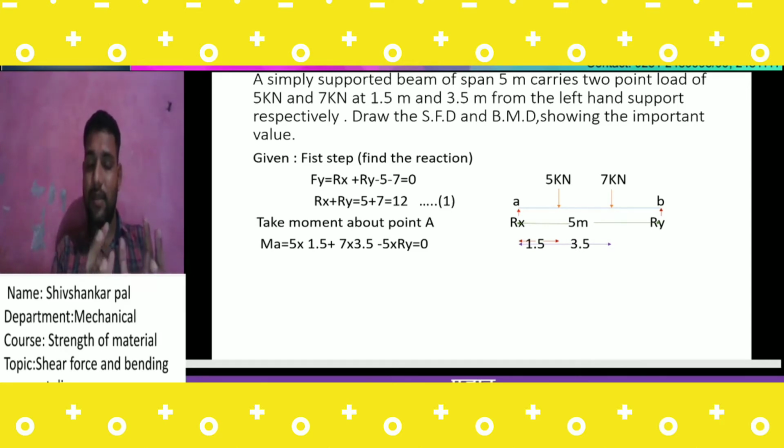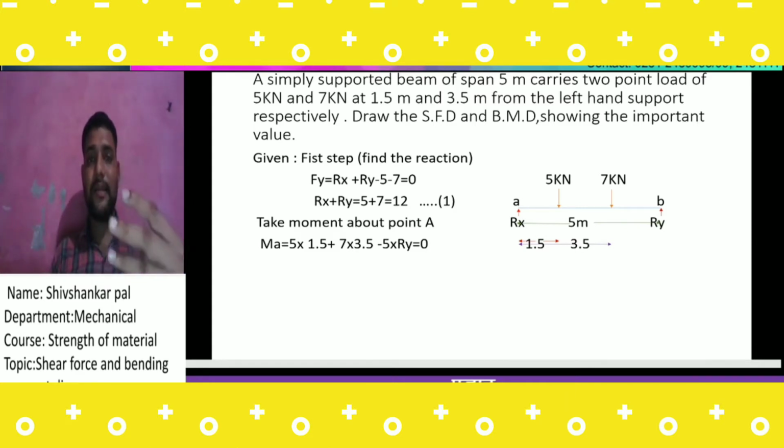When a system is in equilibrium, it fulfills three conditions. The sum of forces in the x direction equals 0, the sum of forces in the y direction equals 0, and third, the sum of all moments about any point equals 0.